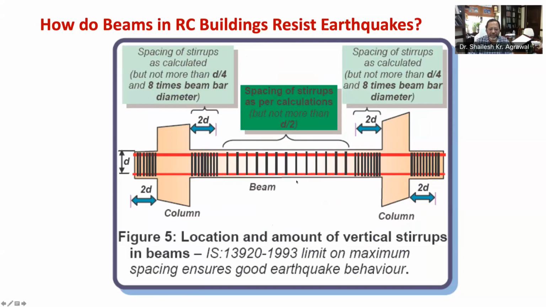In simple language, it means stirrups at the support should be spaced closely, and the spacing should increase as we move toward the center of the beam along its length.